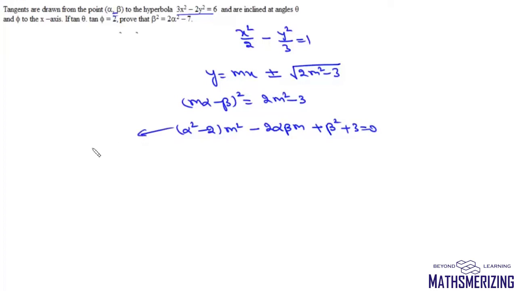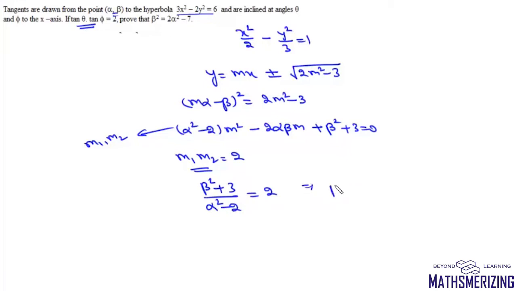Now this quadratic equation will have two real roots, m1 and m2. Now m1 and m2 in this case will be tan theta and tan phi, and it is given that tan theta into tan phi is 2. So simply it is given that m1 into m2 is 2, which is nothing but product of roots, and product of roots is c upon a. So it will be beta square plus 3 upon alpha square minus 2, and it is equal to 2.